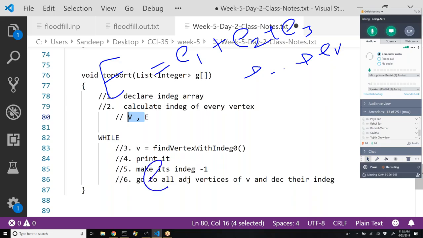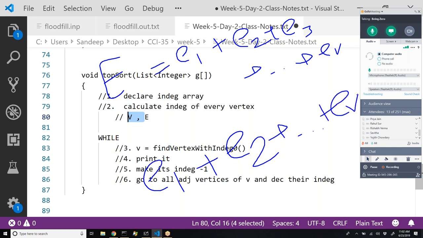For the first vertex I covered E1 edges, for the second vertex E2 edges, for the third vertex that, and EV. Overall, the nested while loop is running E times, covering the outer loop as well as the inner loop. Do you agree with that? Prakash, can we say it is E times? Yeah, because for every vertex, if we calculate overall, it would be E times.